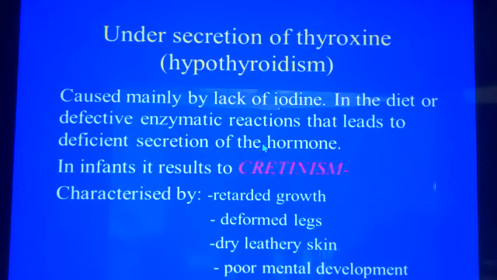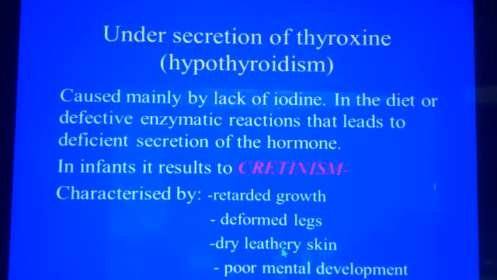So in very young children, it leads to a condition that we refer to as cretinism. Now, cretinism is characterized by, 1, retarded growth, deformed legs. Those legs could be bow-legged, and therefore they are deformed, having a shape that may not be able to support the other parts of the body.